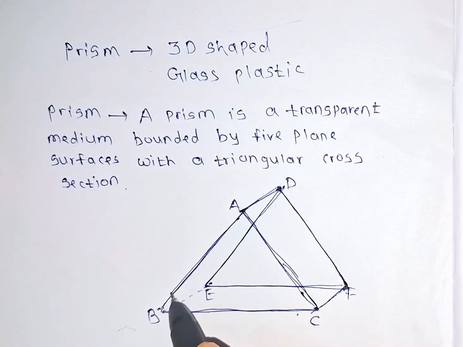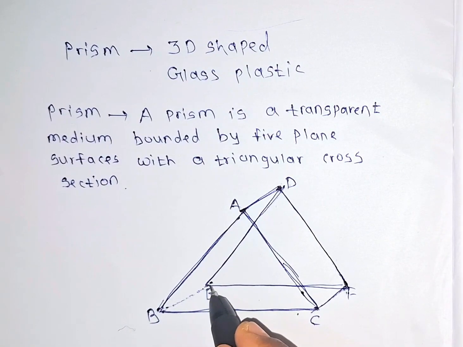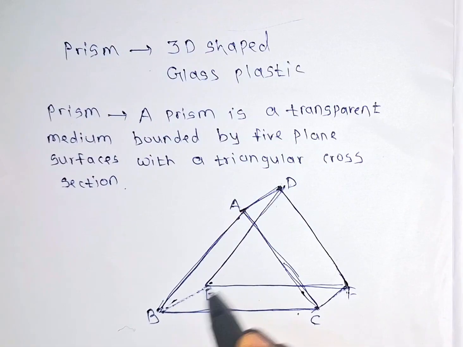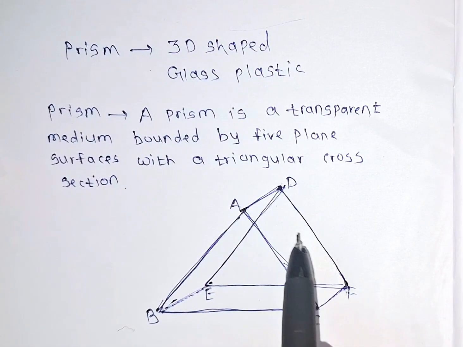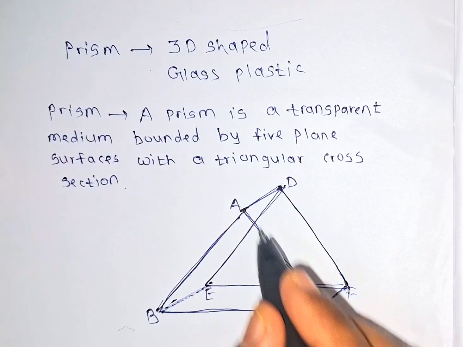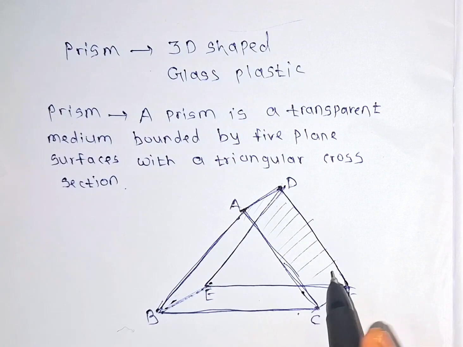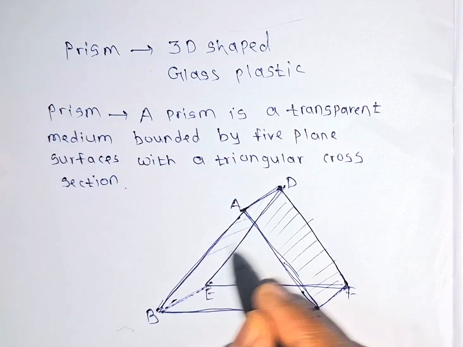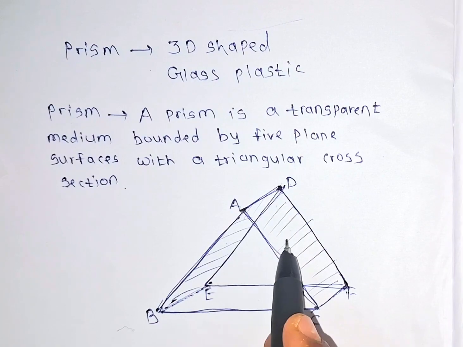These are two rectangles. Okay, they are inclined to each other, this one and this one. Let's shade it. These are the refracting surfaces. The light gets refracted from these two surfaces.